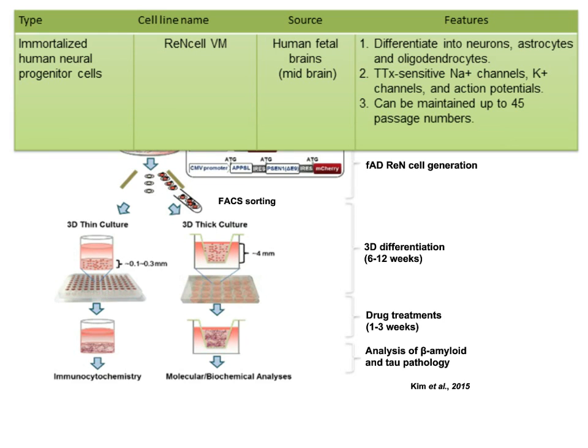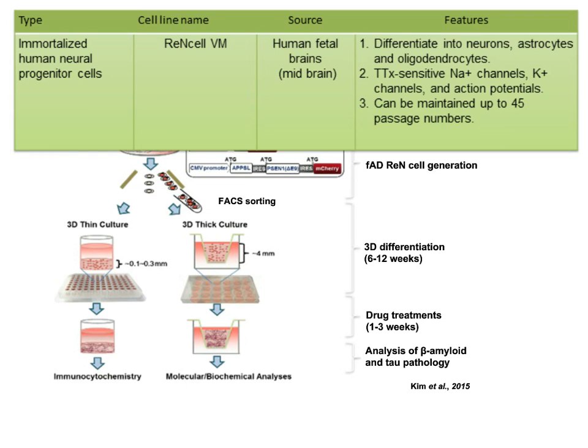It is already reported that they show voltage-gated potassium channel and sodium channel currents. And this is most important: it can be maintained up to 45 passages without any deterioration of the differentiability or survival rate, which is very important for us because we want to create cell lines that can be maintained.